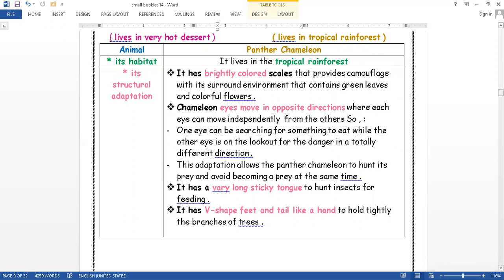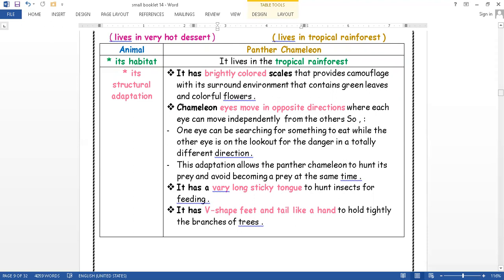The second point is that chameleon eyes move in opposite directions. How is that? One eye can be searching for something to eat, while the other eye looks around to make sure that it is safe and there isn't any danger around it.